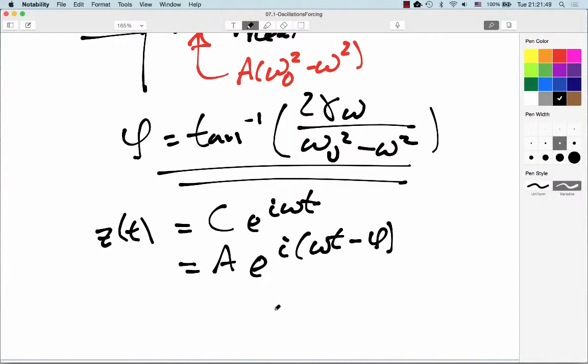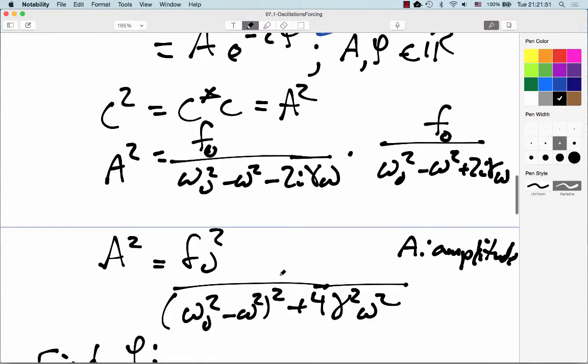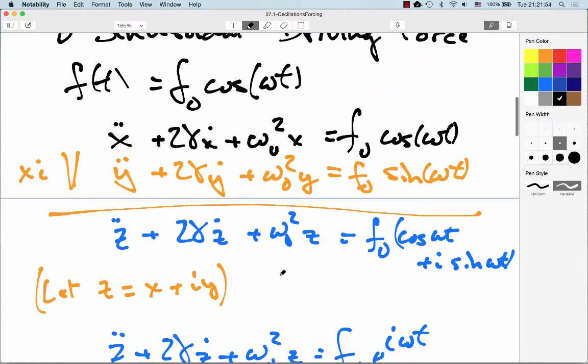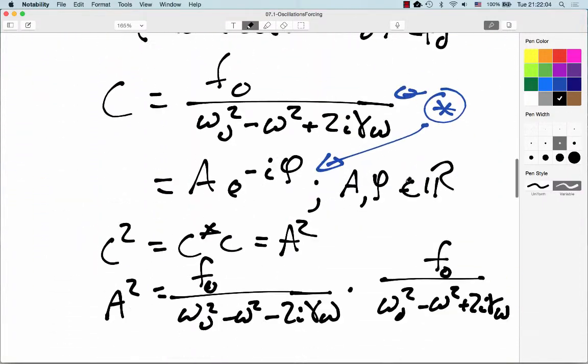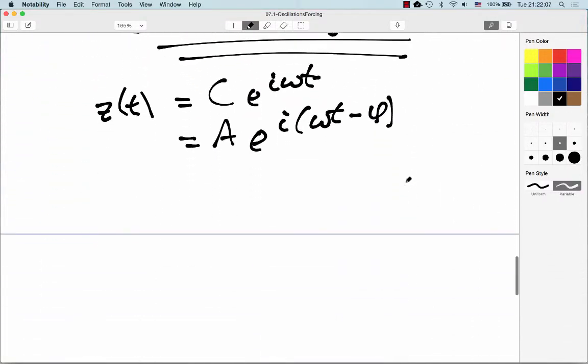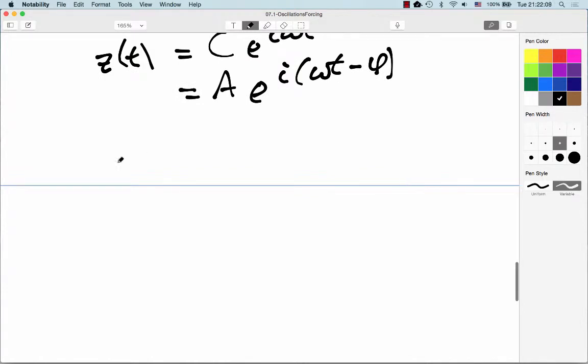All right. Now, all we ever wanted, if we go way back to where we started, was just the real part of this. The imaginary part went along for the ride just to make the math easier. But now we can go back and say we just want the real part. So that's what we're going to take.